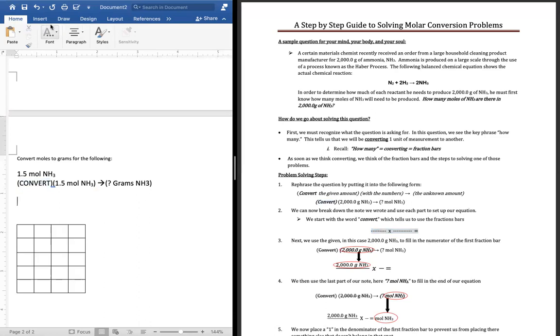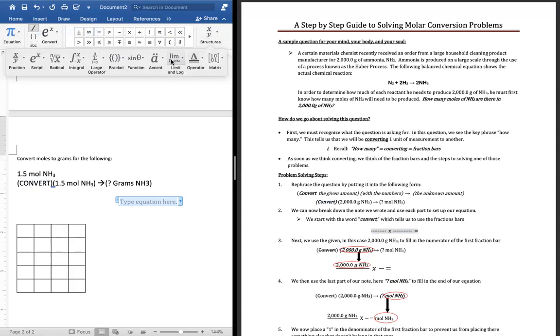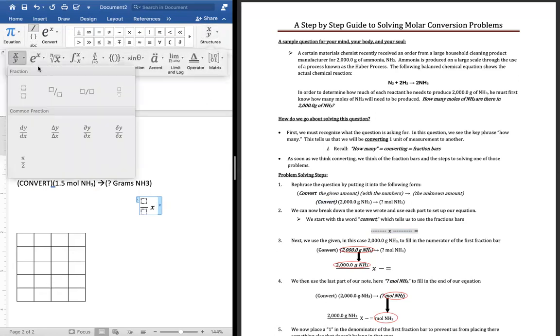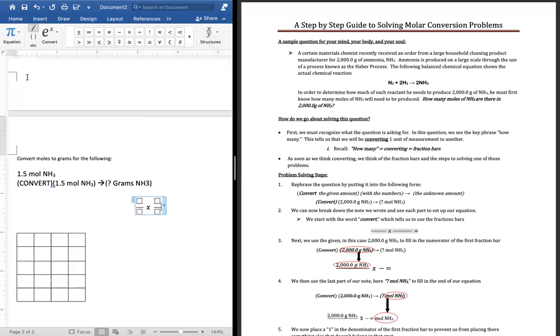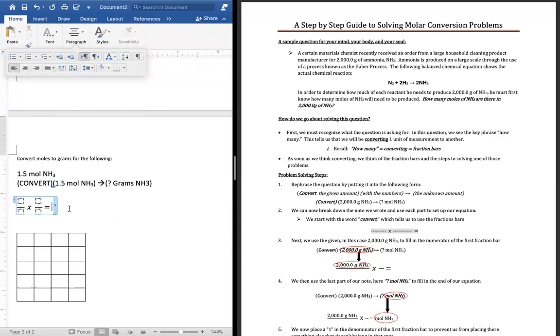So insert fraction bars. I'm going to insert these fraction bars, times, and get another fraction bar in there. And then equals. Okay, so that's always step number 2.